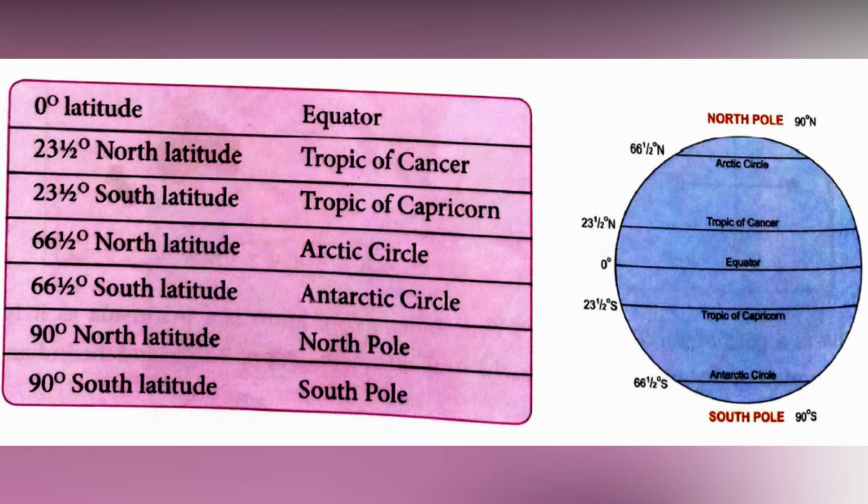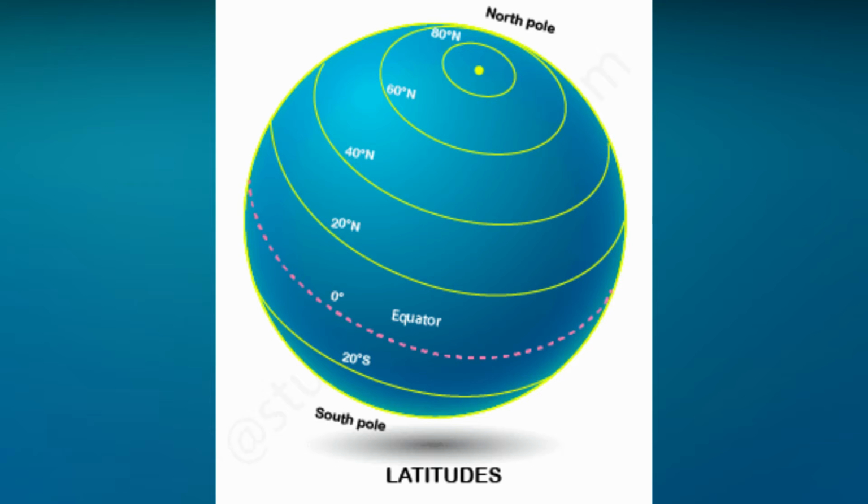66.5 degree north latitude is called Arctic Circle. 66.5 degree south latitude is called Antarctic Circle. 90 degree north latitude is called North Pole and 90 degree south latitude is called South Pole. The region between the Tropic of Cancer and the Tropic of Capricorn has a hot climate.